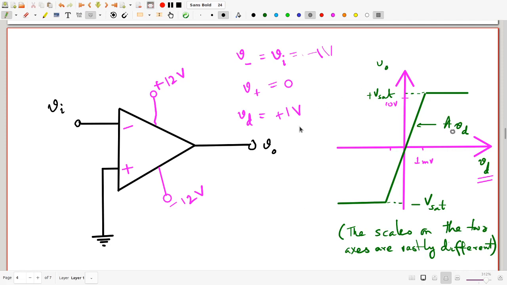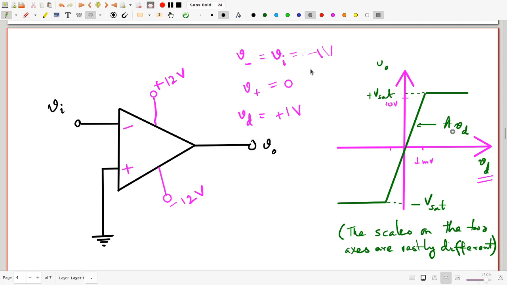So now when the input voltage drops below 0, becomes a negative value, you are going to get plus 12 volts as an output. So to summarize, what will this circuit do? When the input is positive, above 0 volts, it's going to give you minus Vsat, let's say minus 12 volts. And when the input is negative, Vd becomes positive and it's going to give you plus Vsat.